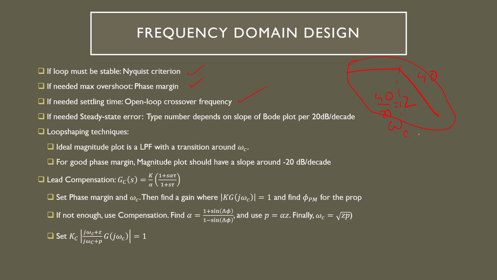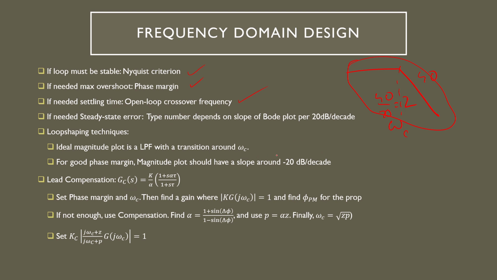That is also, if you remember, the point that we refer to for measuring the phase margin that I showed in the previous slide. And for a good phase margin, the magnitude plot should have a slope around minus 20 dB per decade at the point that we measure the phase margin.